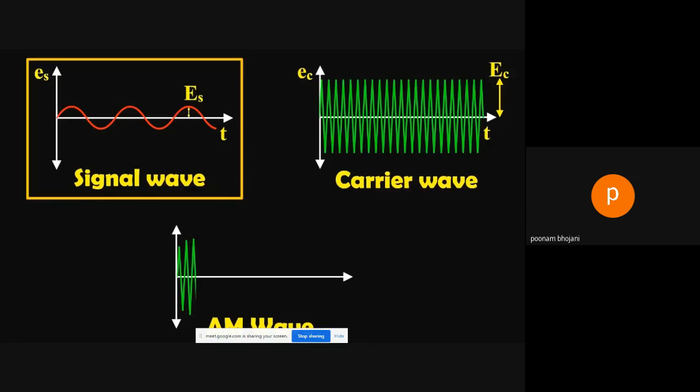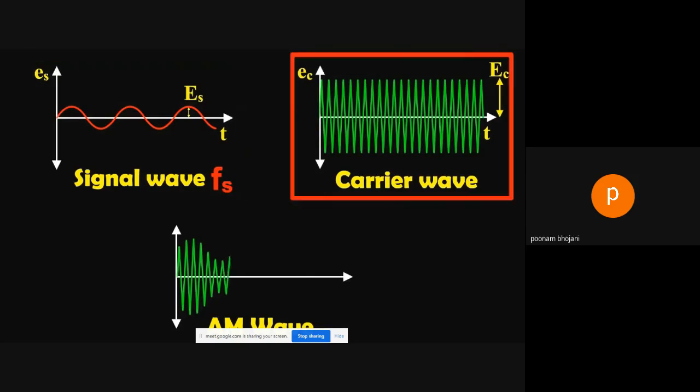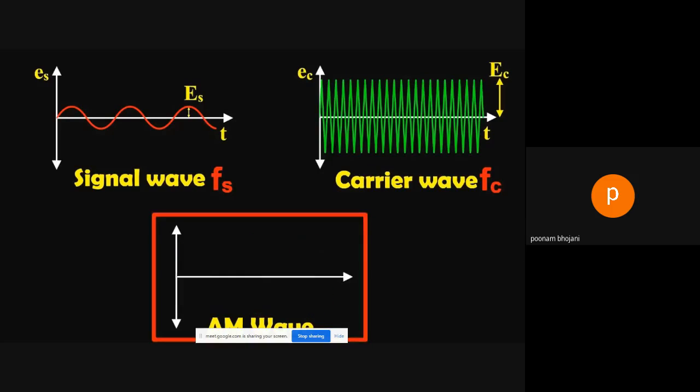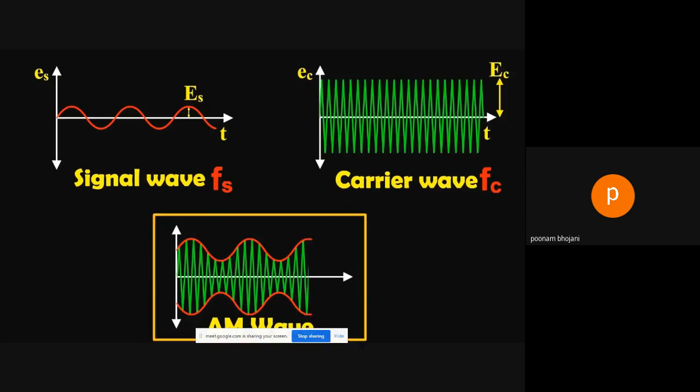The diagram also shows the audio-electrical signal of frequency Fs. The second visual shows a carrier wave of constant amplitude with frequency Fc. The third visual is the amplitude modulated wave. It is to be noted that the amplitudes of both positive and negative half cycles of carrier waves are changed in accordance with the signal. Thus, the amplitude of the modulated wave possesses the frequency of audio signal waves.